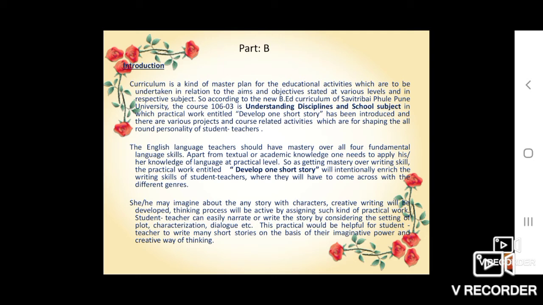Your thinking process will definitely be active when you write a short story, where you need to understand the setting, the characterization, and what dialogue should be added. This practical would help a student teacher to write many short stories on the basis of their imaginative power and creative way of thinking. Because as per Bloom's taxonomy, your creative thinking or creativity should be enriched and developed.